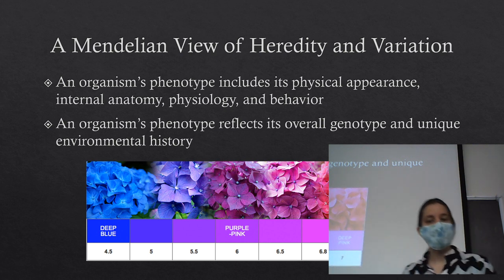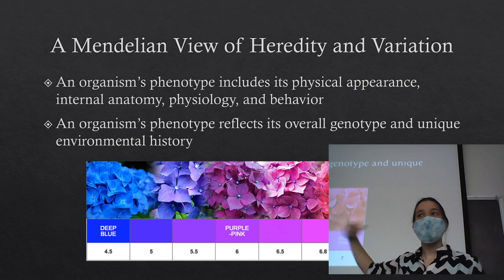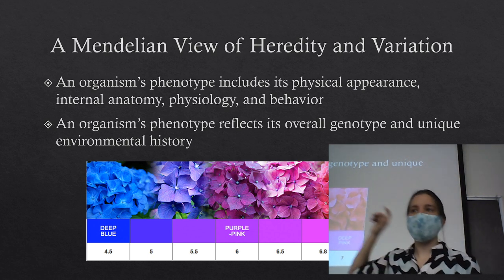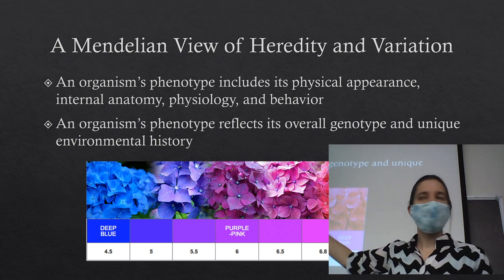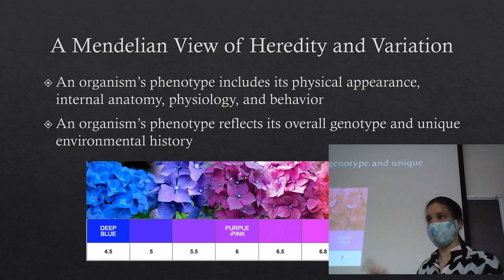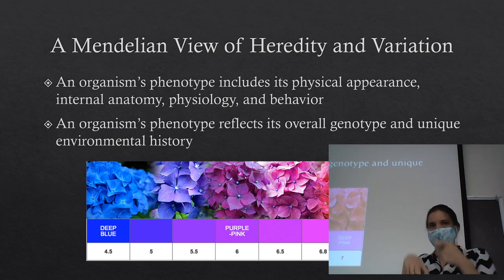But if you plant this little hydrangea in neutral soil, the pigment comes out pink. If you plant the exact same plant in alkaline, basic soil, the plant comes out blue. So the gene does pigment, but how that works depends dramatically on the conditions the plant's in. Fair enough?